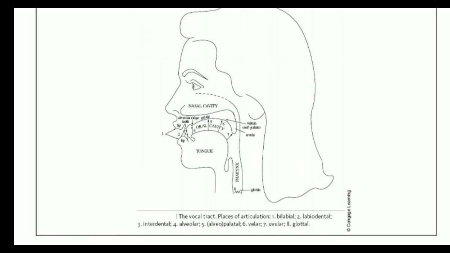Here we can see the vocal tract, which contains the places of articulation that help to make the sound. We can see the nasal cavity, tongue, glottis, palatal, etc., which help us to make the correct pronunciation of a particular sound.